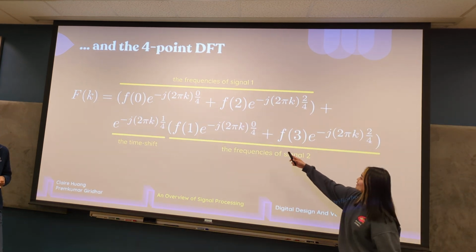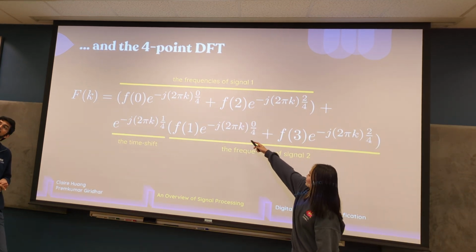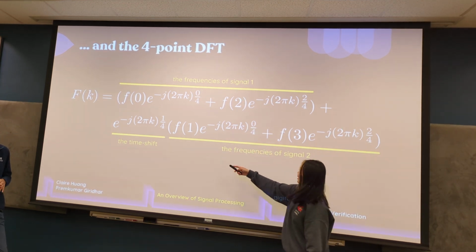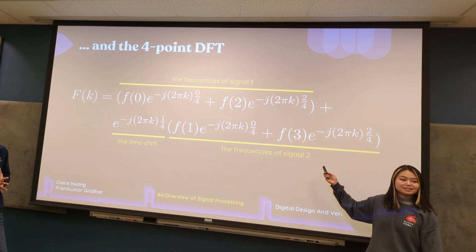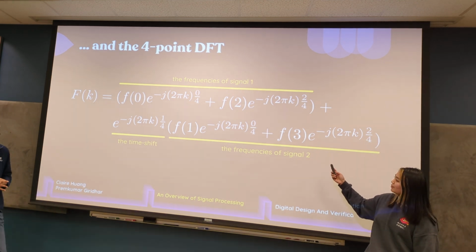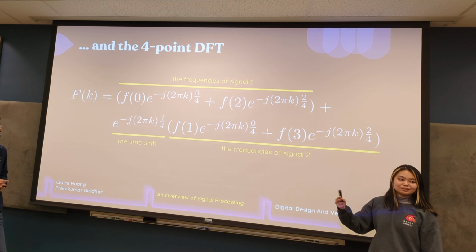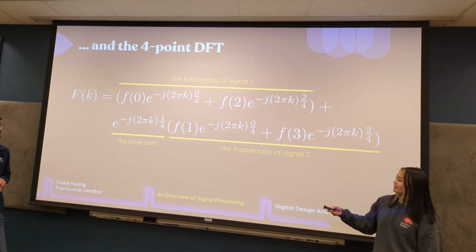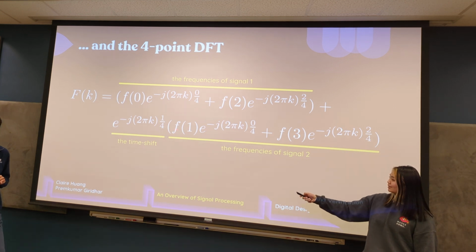So you see that we're actually able to take out this similar time shift from 1 and 3, right? So we can break it down into two 2-point FFTs by recognizing that we just have one that's a little shifted here.